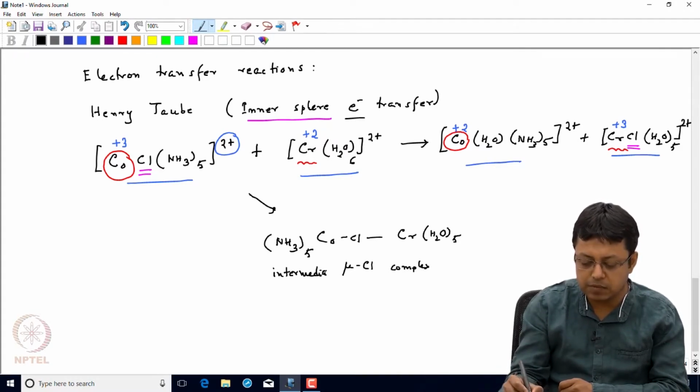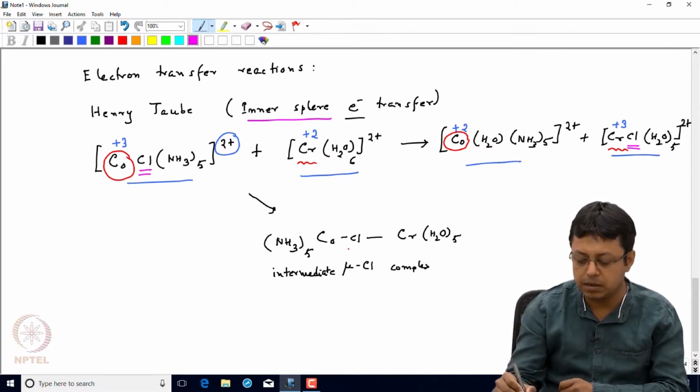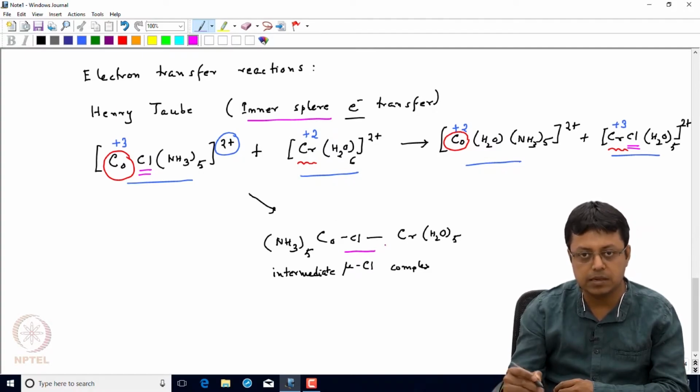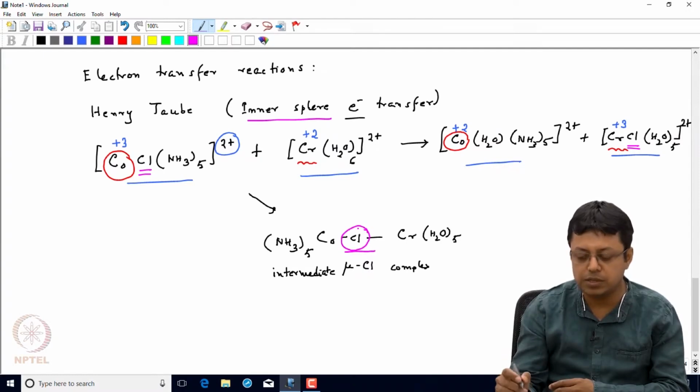What Henry Taube proposed is that the electron transfer is mediated through this bridging complex, by this bridging chloride atom.